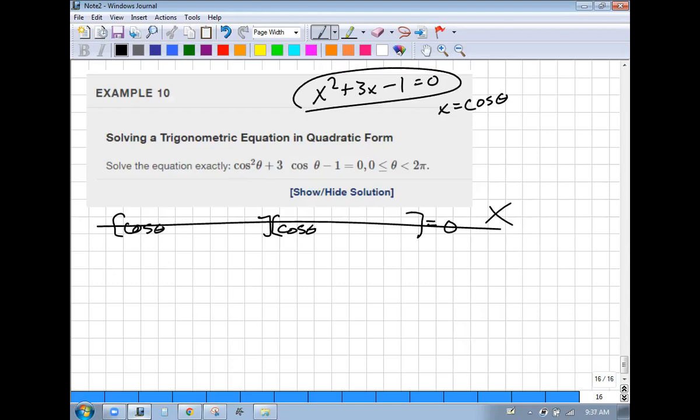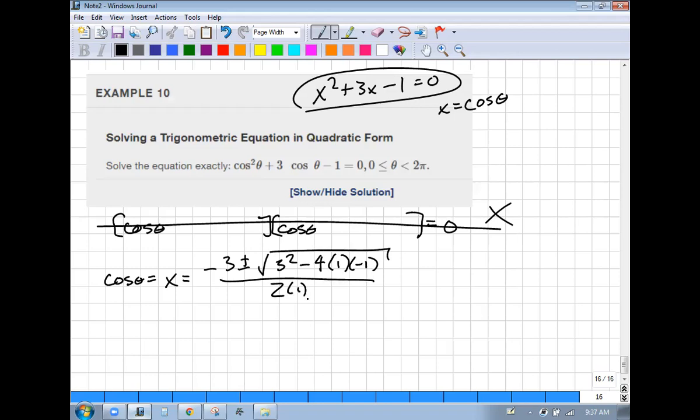So the cosine theta, which I called x, would be what? Negative b plus or minus the square root of b squared minus 4ac all over 2a, right?